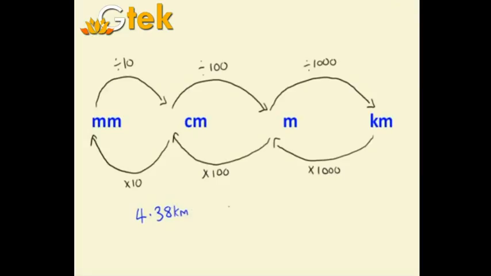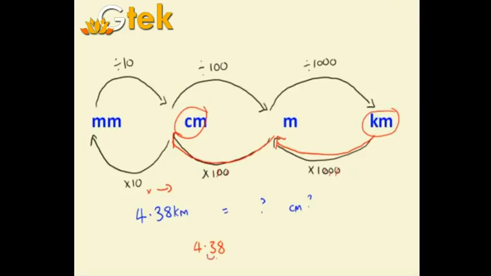Let us see another example. 4.38 kilometer should get converted into centimeter. So kilometer to meter is multiplied by 1000 and meter to centimeter is multiplied by 100. So how many zeros am I having? 4.38, kilometer to centimeter.